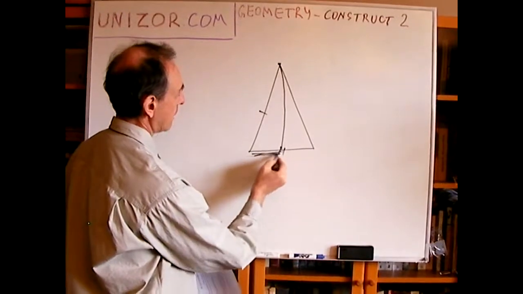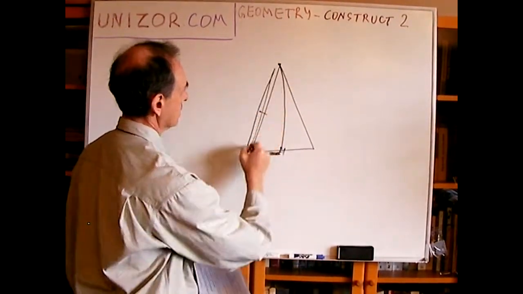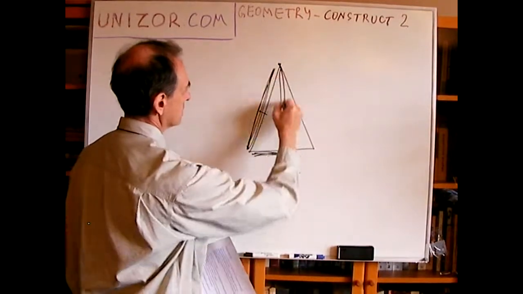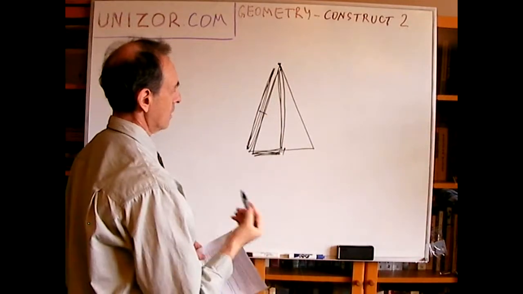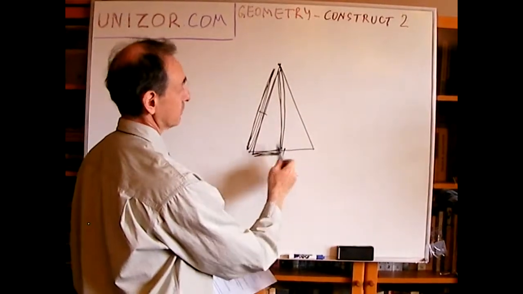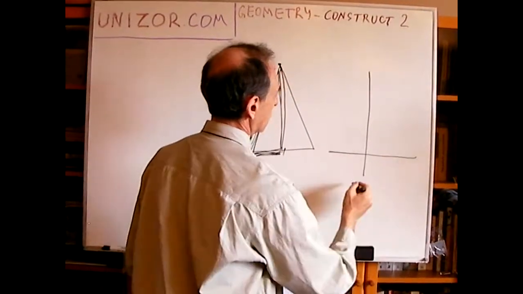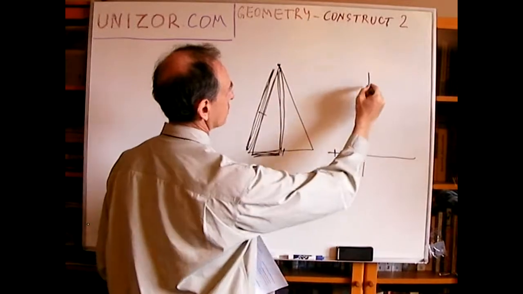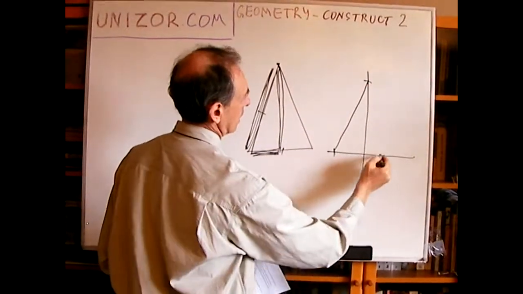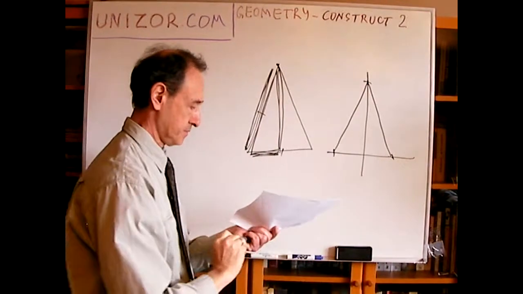Then we have half the base as a leg, and this side as a hypotenuse, and these are the right triangles which we can build. And that's why we can build half of our triangle using a right angle, half of the base, and hypotenuse. And now do exactly the same thing on the other side. That's how we build it. That's simple.